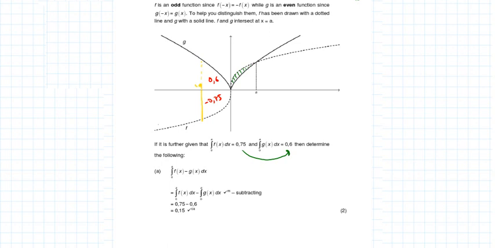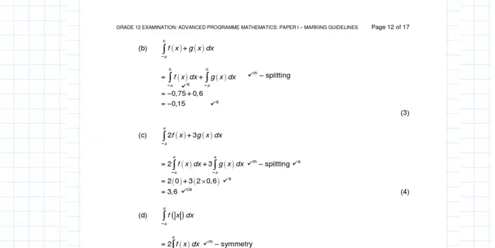So here I will be having a negative answer for the integral because it is below the x-axis, then a positive answer. G is positive, it doesn't matter. So that's negative 0.5.